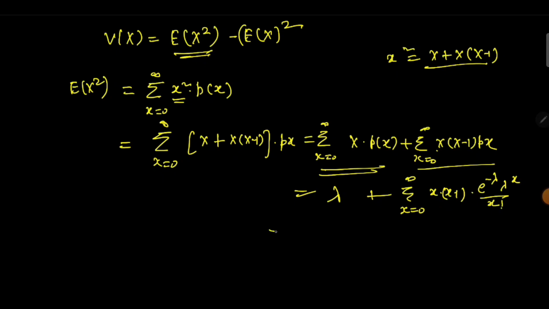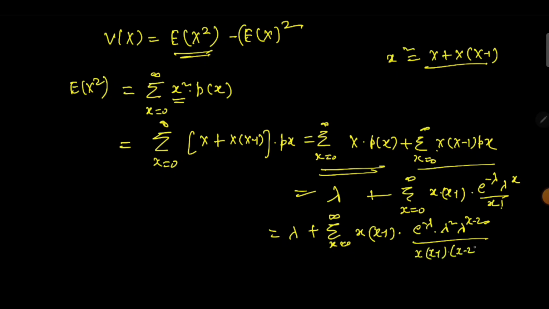Coming back to it, it will be lambda plus the sum from 0 to infinity of x into x minus 1 into e to the power minus lambda, and we can write lambda to the power x as lambda square into lambda to the power x minus 2, and x factorial can be written as x into x minus 1 into x minus 2 factorial.